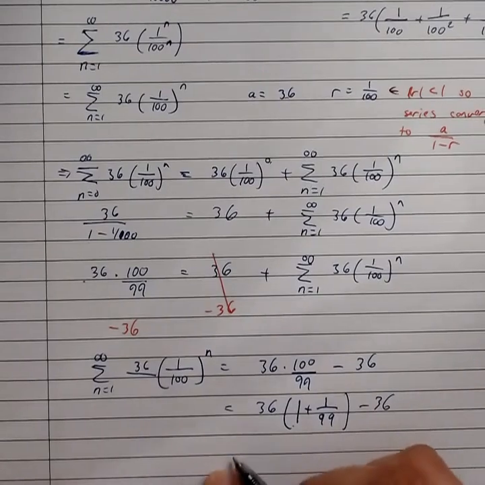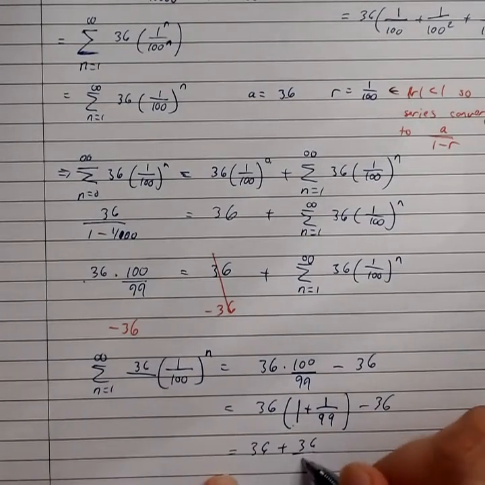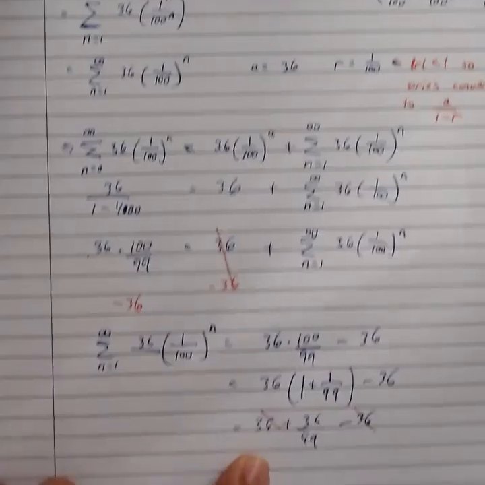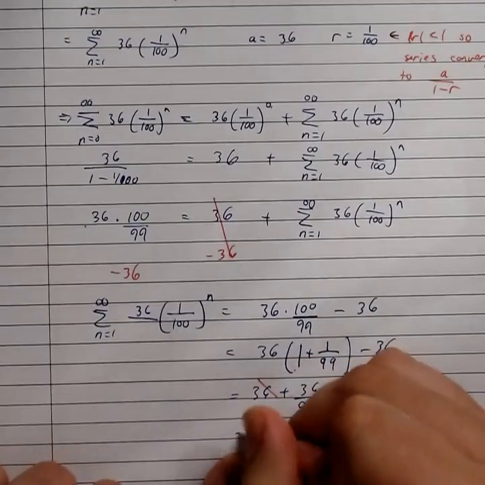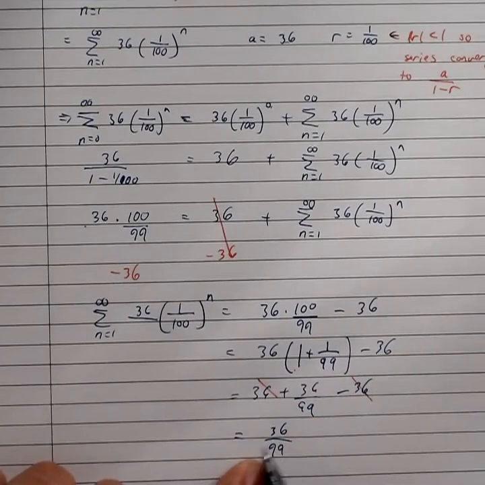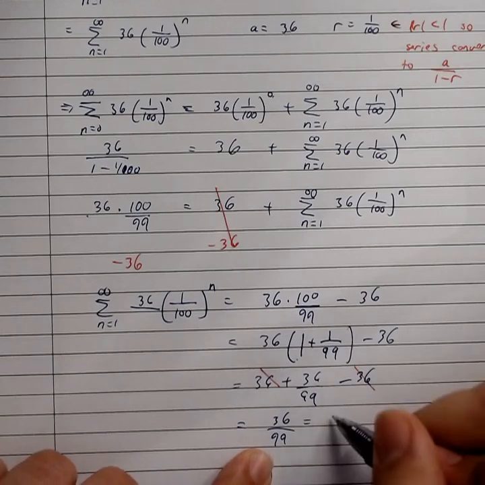But now if I distribute that 36, that's going to be 36 plus 36 over 99 minus 36. These subtract away, and I get a fraction of 36 over 99. In fact, I can even reduce that fraction. The top and bottom both divide by, what will that be, by 9. So here I can write this as 4 over 11.